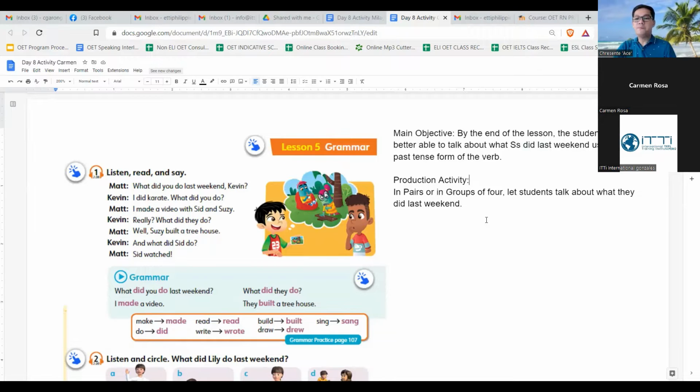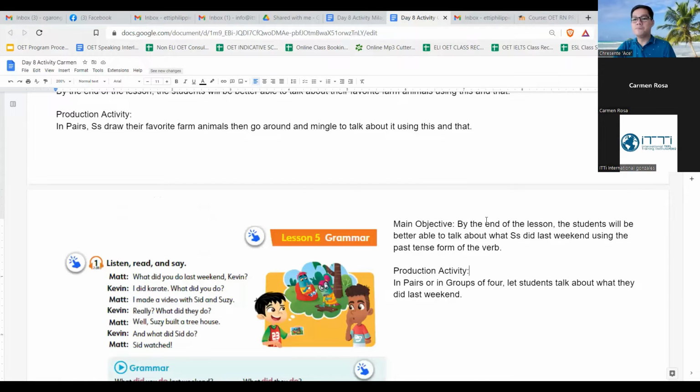You don't have to specify that it is about action verbs.